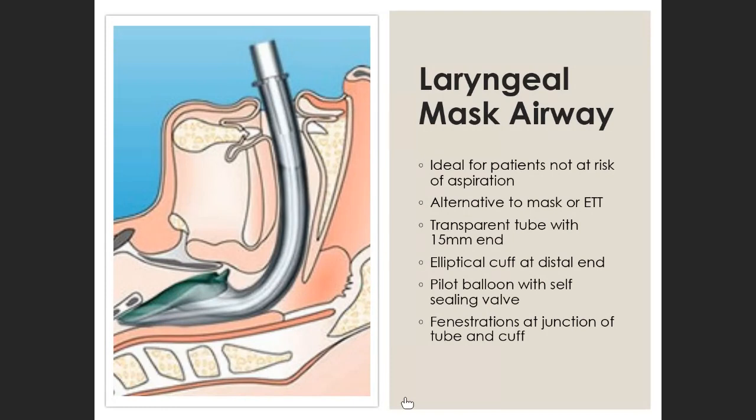Somebody talking to me. Cuffed tube placed below the vocal cords. Kafan, you have to say the whole thing, not just cuffed. Right? It has to be placed below the cords.